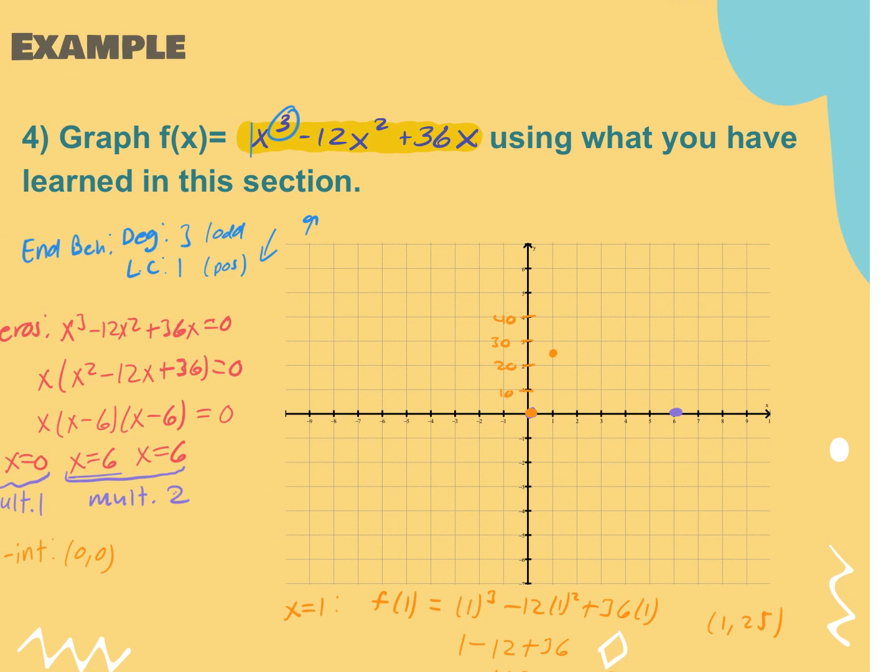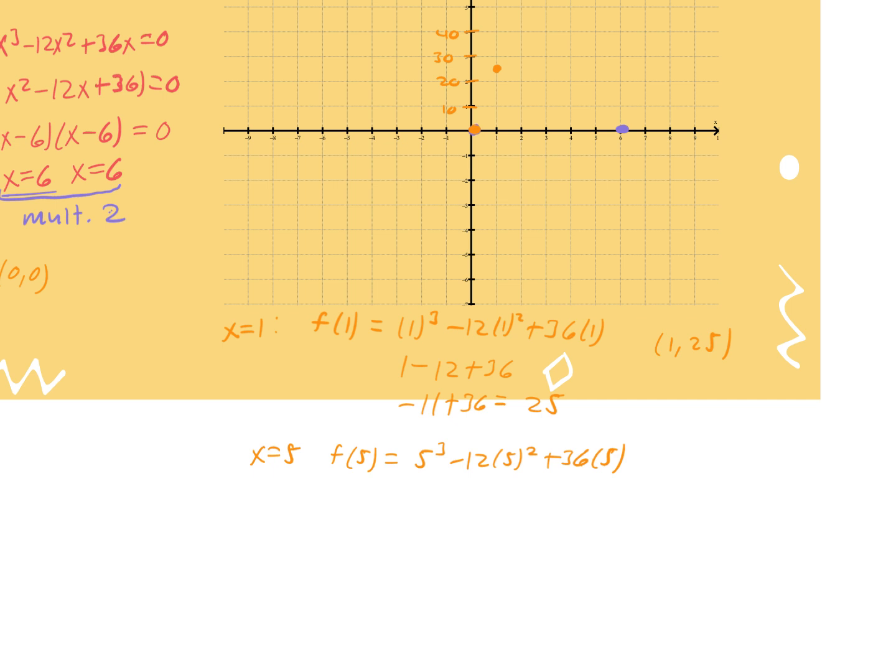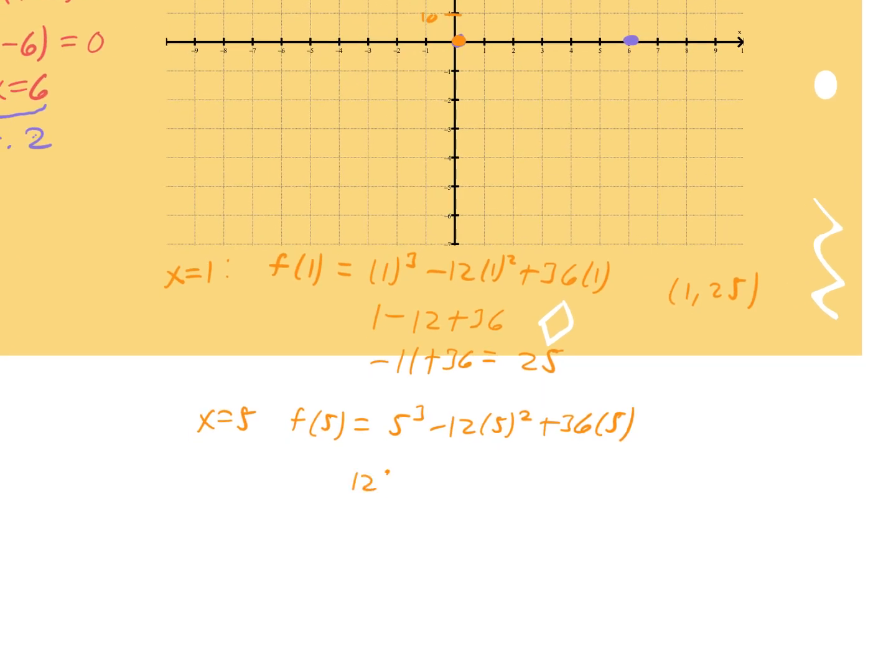And then I imagine as we go higher, we're going to get a really big number. So maybe we can pick 5, for example, x equals 5. So we get 5 cubed minus 12 times 5 squared plus 36 times 5. So these are going to get us really big numbers. We get 125 over here, minus 12 times 25, which is going to get us 300.